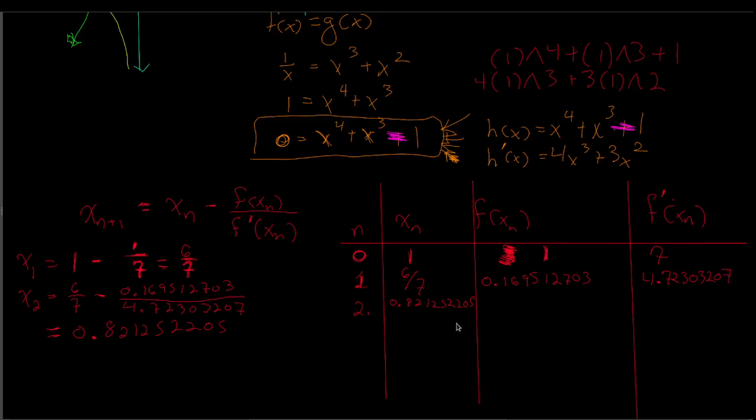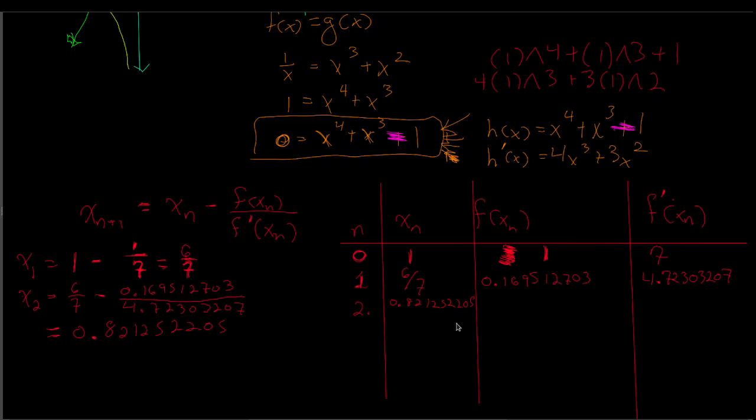So let's take my answer to the 4th power plus my answer to the 3rd power... 0.82... wait a minute, my function's wrong.